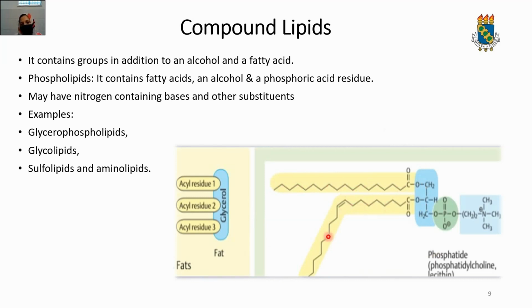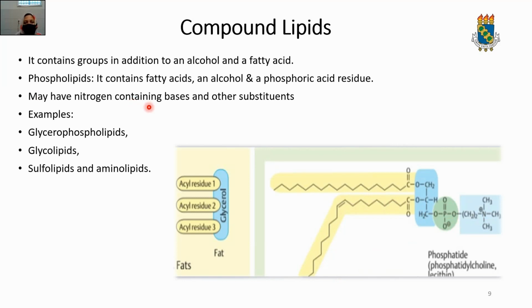To the second carbon a different fatty acid chain is attached, and to the third carbon we have a phosphoric acid, which can be attached to some other kind of group or simply be the phosphate group. This is just the first example, we can have many different types.